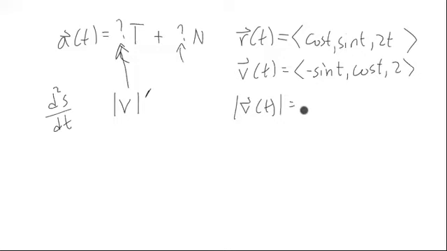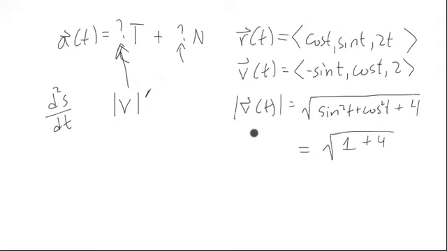It's going to be the square root of sine squared t plus cosine squared t, and then we have plus 4. Okay, so that's going to end up being just 1 plus 4. Take a square root. And so we end up getting just the square root of 5, which is a constant. So when we take a derivative with respect to t, we're just going to get 0. So this part just zeroes out.